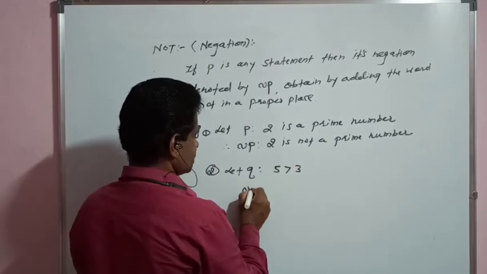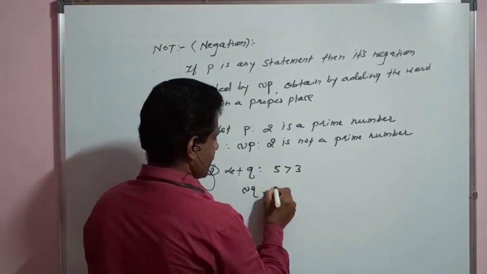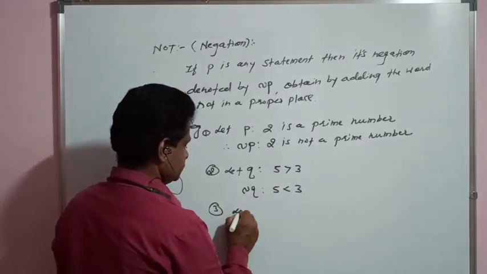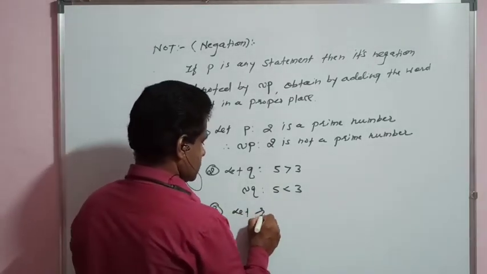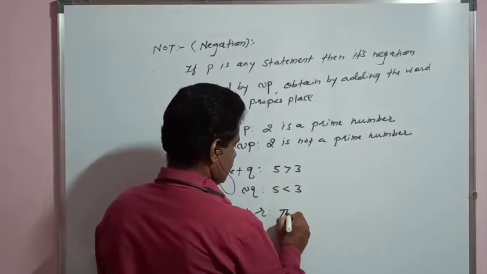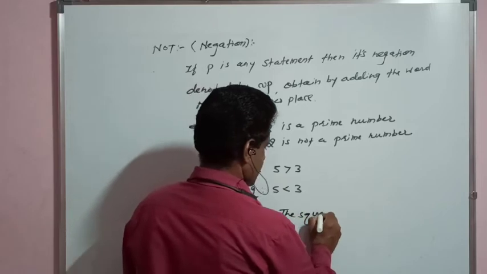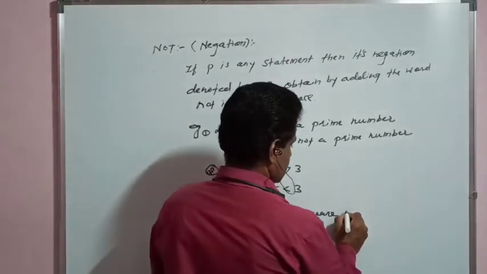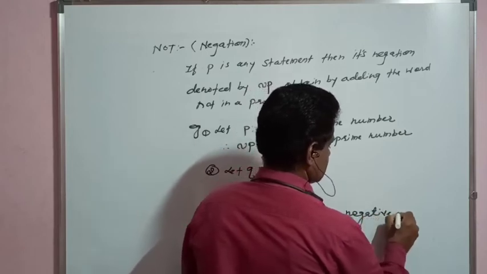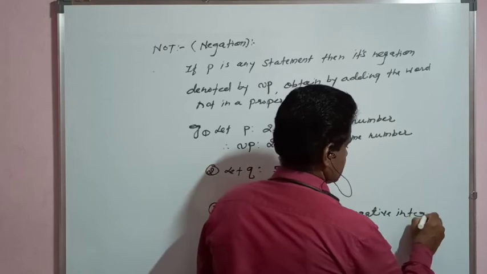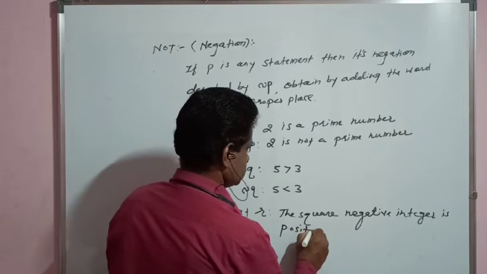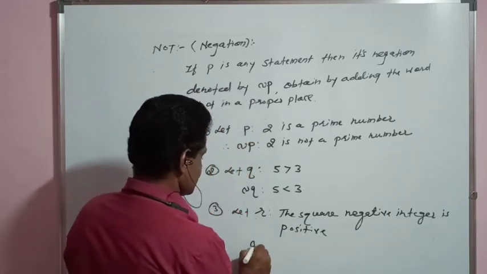Then what is its negation? 5 is less than 3. Take one more example. Let R be the statement: the square of a negative integer is positive. Then what is its negation?